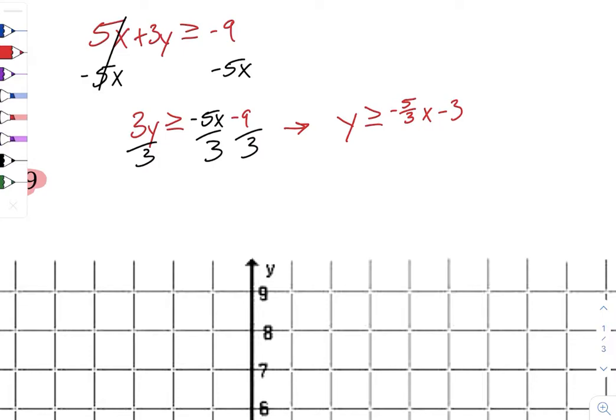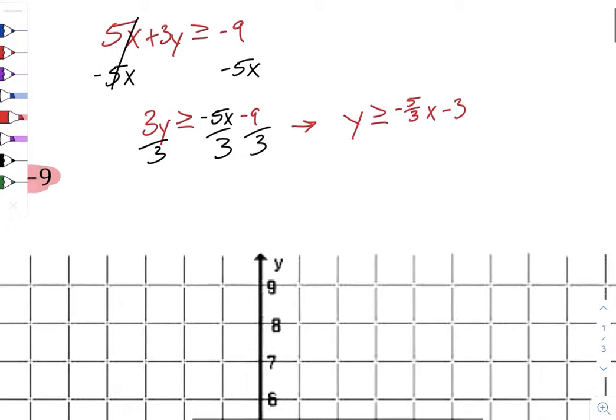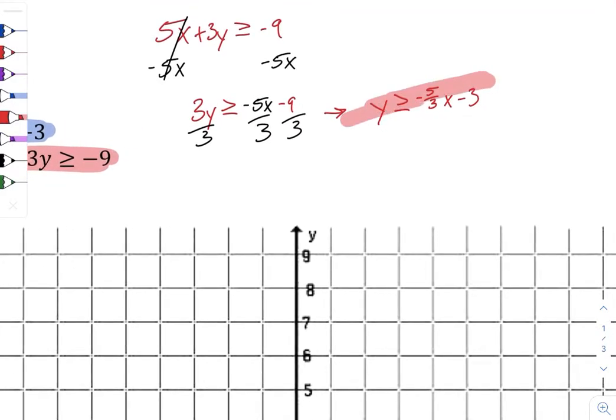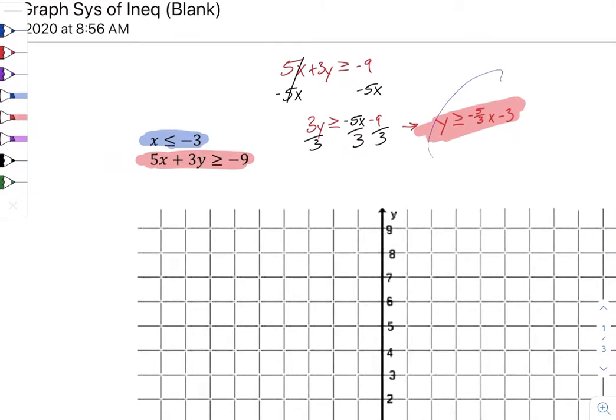Since it's in slope-intercept form, when I divide that -5x by 3, I'm going to want to write that as a fraction out front on the x so I can clearly see my slope. -9 divided by 3 is -3, so I got to make sure I get that. And of course, this turned to just a 1y. So we're good to go. All right, this is what I'm going to be looking at now when I graph that line. So if I wanted to, I could just move it over here so it's with everything that we got going on.